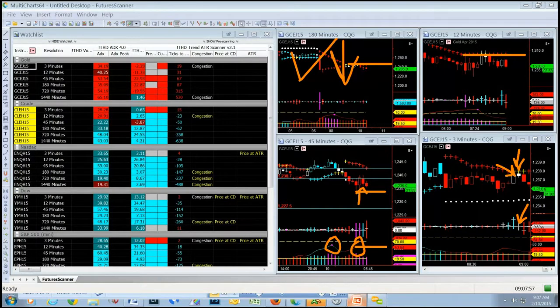Price action is incorporated into the volume bars. That's why it is a volume price indicator. Okay? That's why it works together with price.